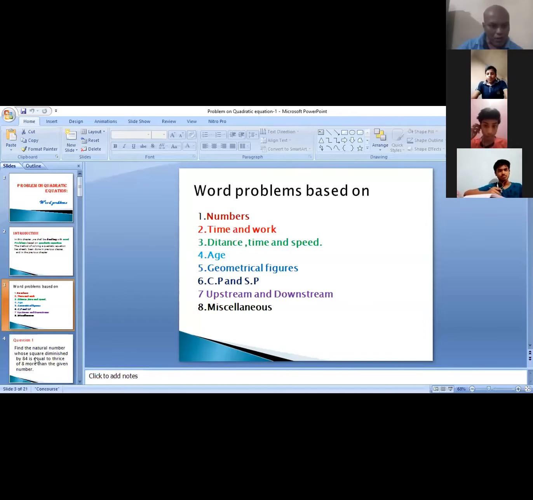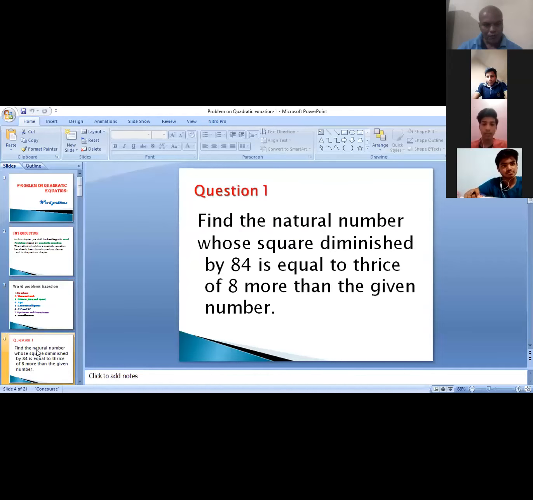The first question: find the natural number whose square diminished by 84 is equal to thrice of 8 more than the given number. Write down the question first. When you remove the slide, you can do the questions.